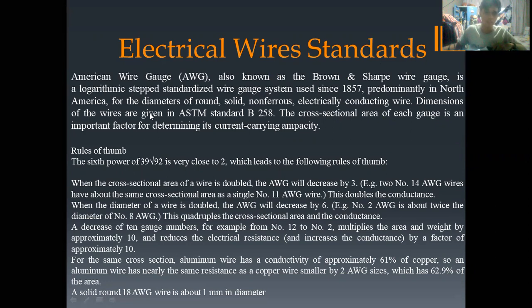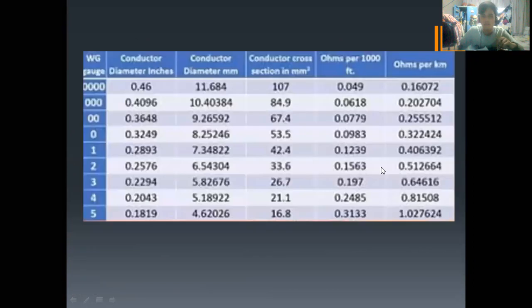Dimensions of the wires are given in ASTM standard. The cross-sectional area of each gauge is an important factor for determining its current carrying capacity, ampacity. The rules of thumb: the sixth power of 39 square root of 92 is very close to 2, which leads to following rules of thumbs. Diyan, kinukuha yung value nun.